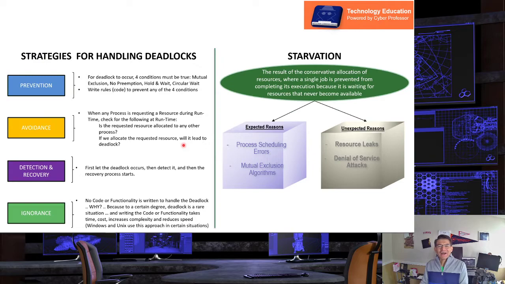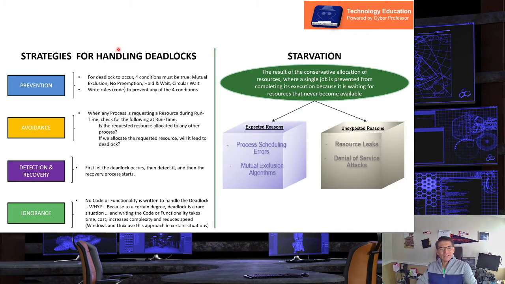Now, how do you handle those situations? There are strategies for handling deadlocks, which is the new topic that we are introducing today in our discussion. So what are the strategies for handling deadlocks? The first one is prevention.